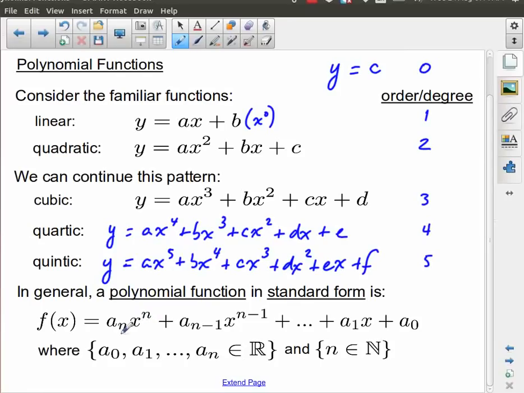And the same thing is true here for the coefficients, except, well, that actually makes me think, rather than saying natural numbers, perhaps I should have said whole numbers.